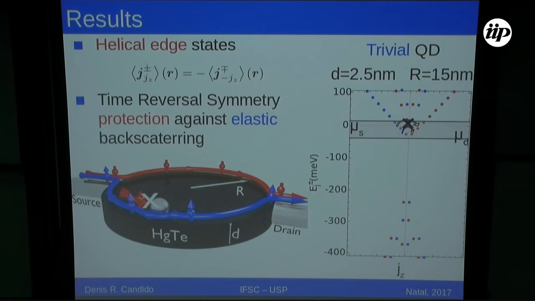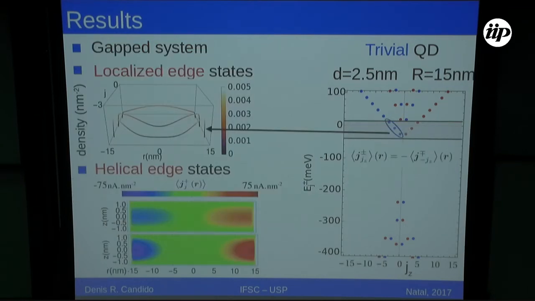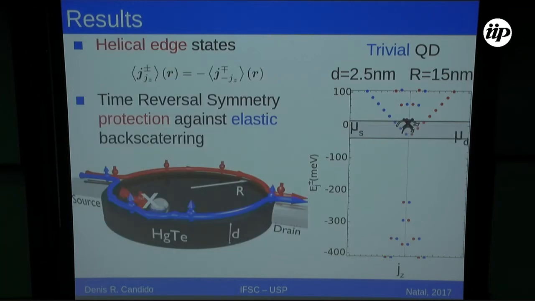Okay, so here an important thing is that if I again couple my system to a source and a drain with chemical potentials given by these two, it's also impossible to have backscattering. So even with our quantum dot in the trivial regime, I still find helical edge states that propagate in opposite directions, and I still have protection by time reversal against elastic backscattering.